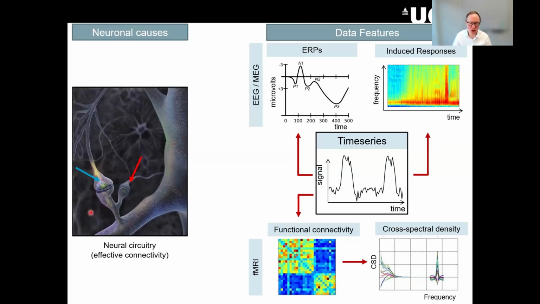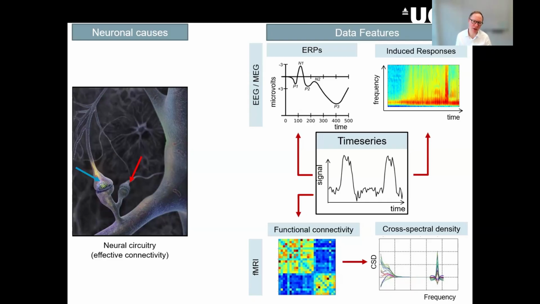For example, I might be interested in a particular kind of synapse, and I might have some patients who have a particular synaptopathy, and therefore they have disordered communication between different kinds of neurons. And I might have a hypothesis that a drug improves the functioning of these connections. So how could I possibly go from all of these data features that I measure to asking interesting questions and testing interesting hypotheses about the underlying neural connectivity?